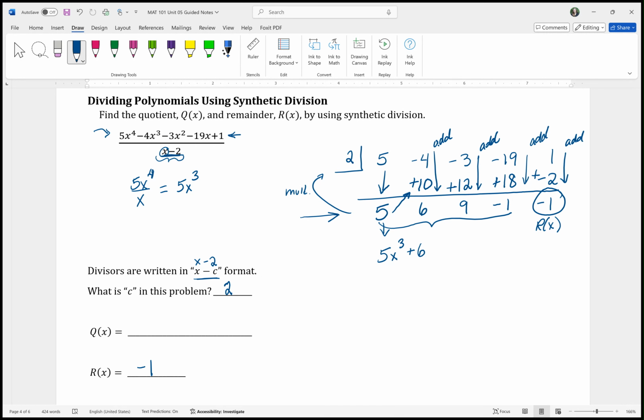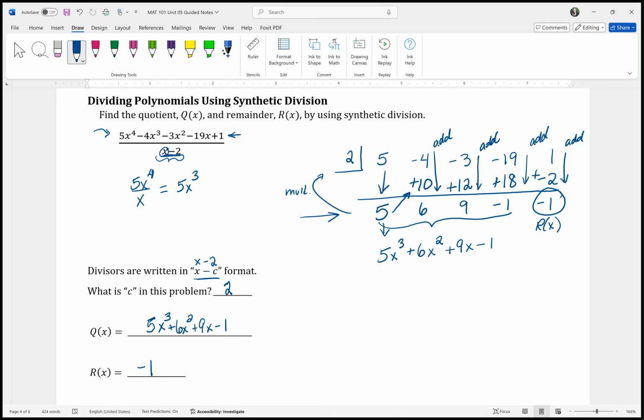That's exactly what you're doing here in your answer, in your quotient. So you've got 5x to the third. This is going to be plus 6x squared. Bring down the 9. That's going to be plus 9. Go down a variable. That's going to be x. And then we bring down the negative 1, and that's your constant for the quotient. So your quotient here is 5x cubed plus 6x squared plus 9x minus 1.